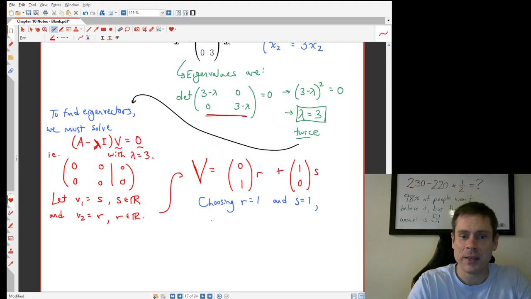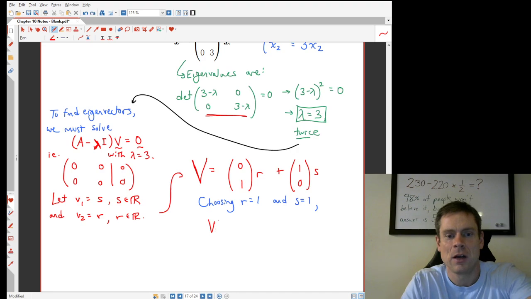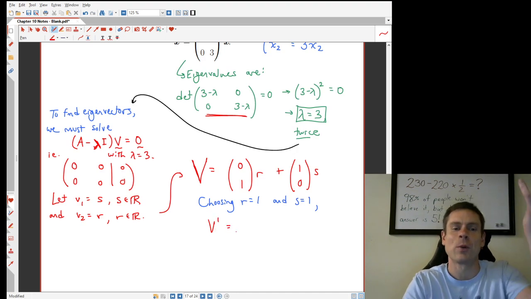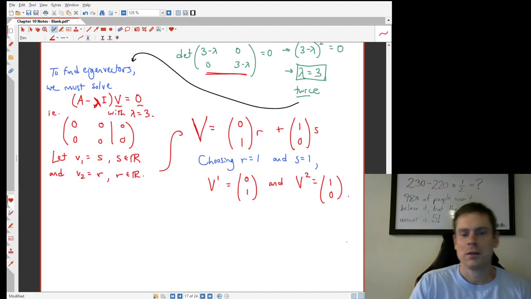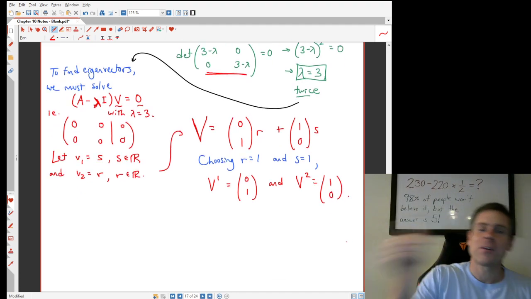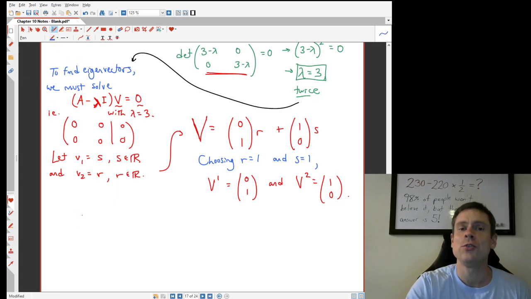And we have that here. So I'm going to let v1, I am so inconsistent with whether I use superscripts or subscripts, but v1 will be (0, 1) here, and v2 will be (1, 0). So we get two different vectors here, and those are going to correspond to two different pieces of the solution.